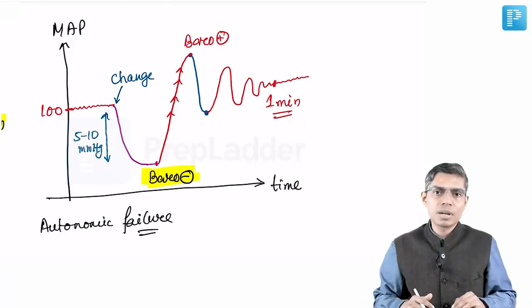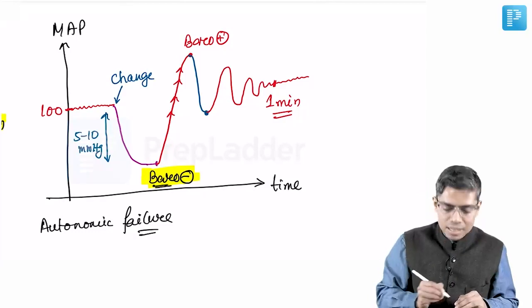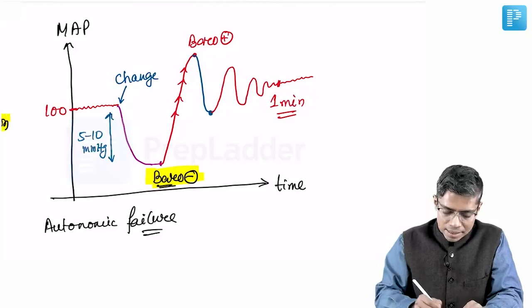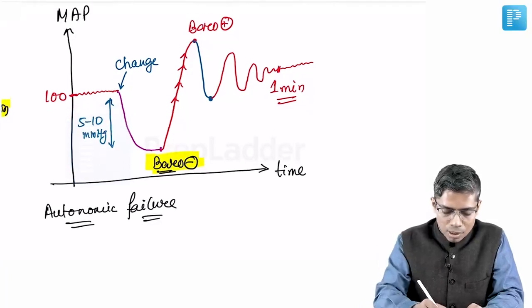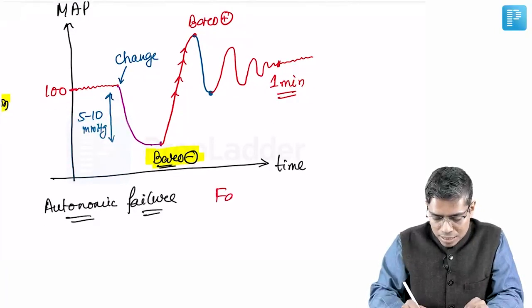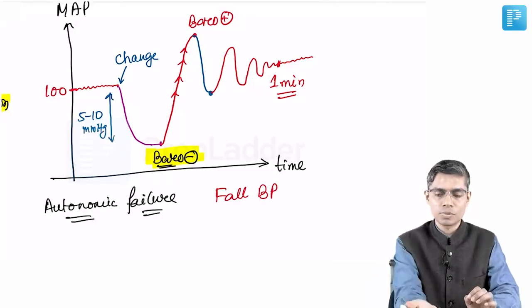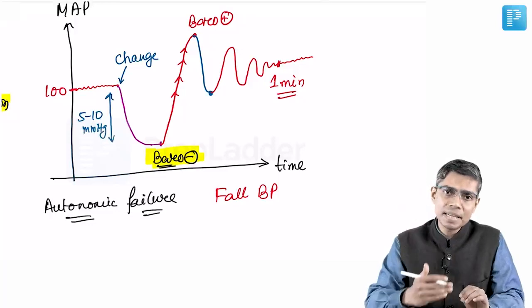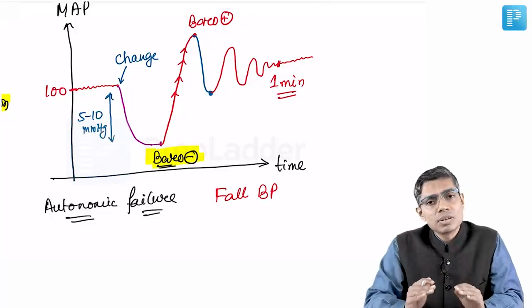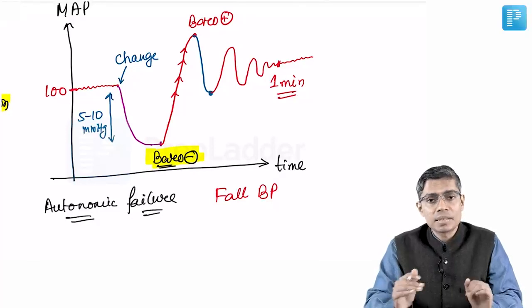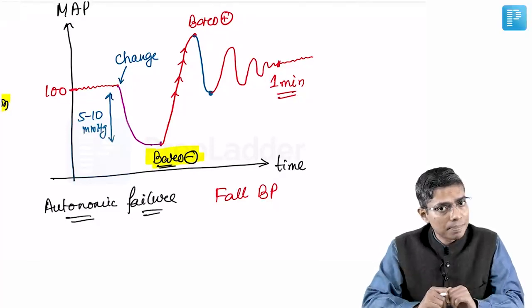This correction of blood pressure after baroreceptor inhibition is not going to happen. In those cases, the fall of blood pressure during the change of posture from supine to standing will be much higher than normal, and that will persist for a long duration, because the sympathetic limb and the parasympathetic limb are not working properly.